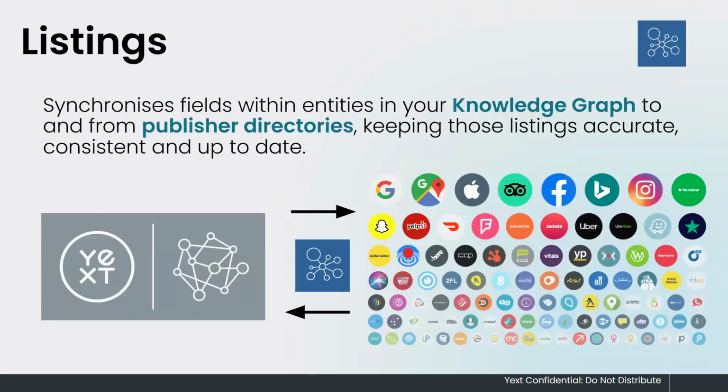Thanks, Martina. Thank you for that. So here, basically, you can see on the right-hand side a list of all of the different publisher partners we have. There's probably some big logos there that you probably already recognize, okay? One thing as well, just to note before we move on, it is extremely important that you check the status of your specific listings within Yext. It allows you to do that, okay?